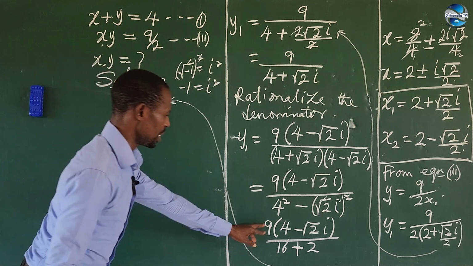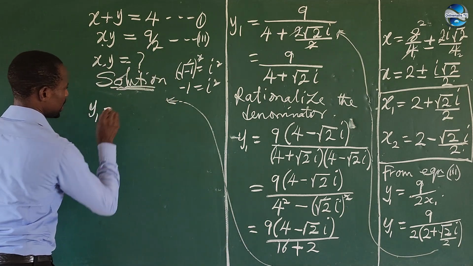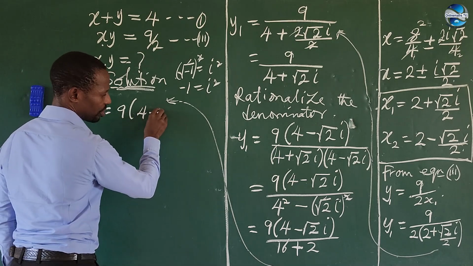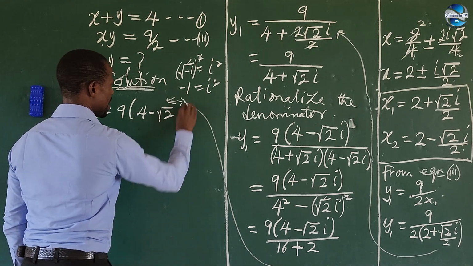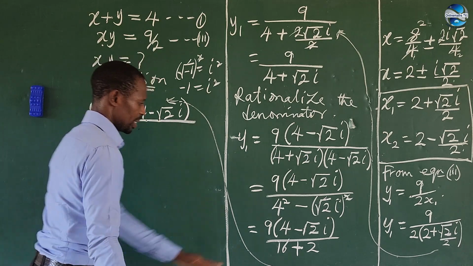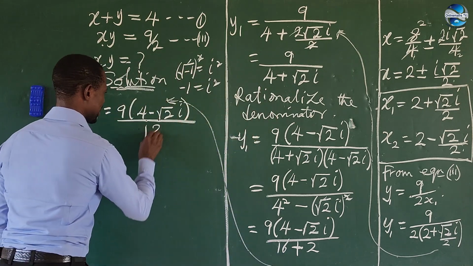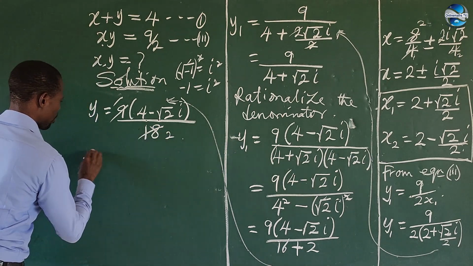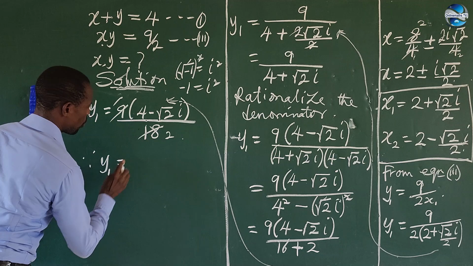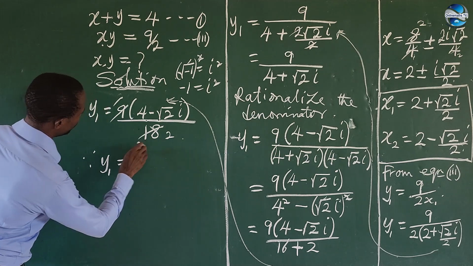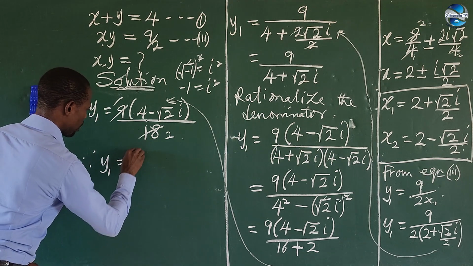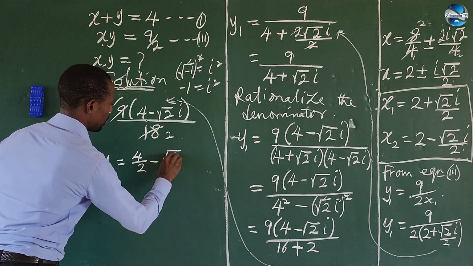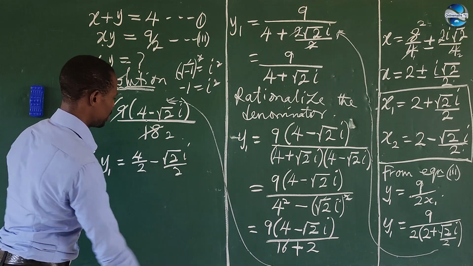All right. So this is going to give us our y1 is equal to 9 bracket our 4 minus square root of 2i close bracket all over 16 plus 2 will give us 18. Something can go into this 9 here 1, 9 here we have 2. So therefore we have our y1 is equal to, going to give us 4, so we're going to have 4 all over 2 minus square root of 2 iota all over 2.